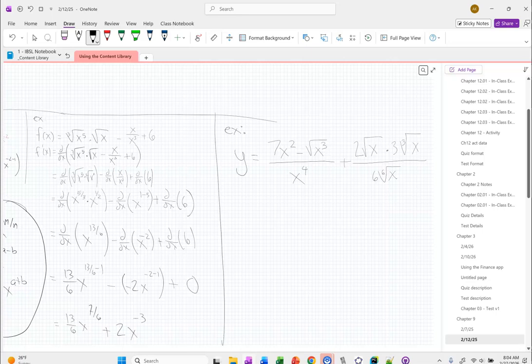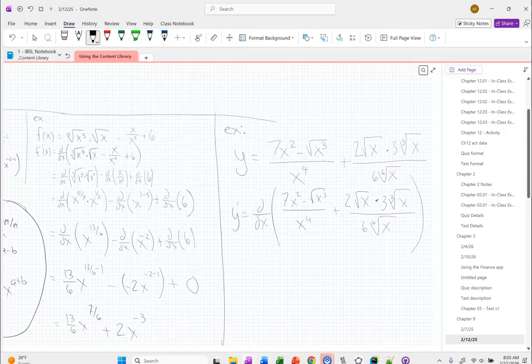Okay, so this is the function that we want to take the derivative of. All right.